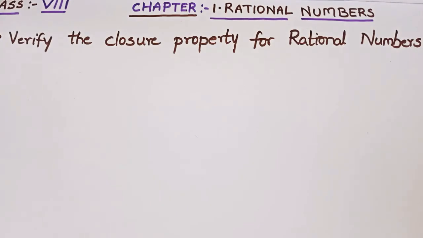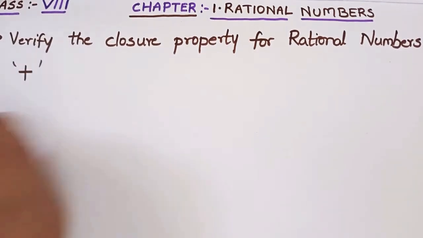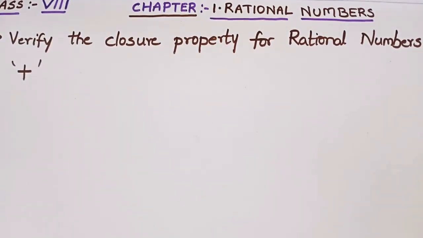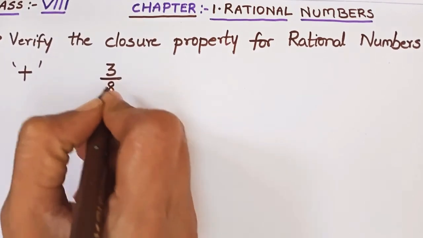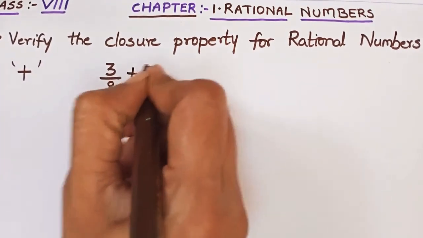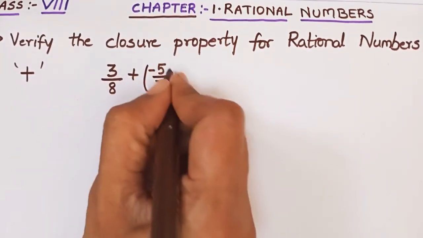Let us first start checking our property for addition. Are rational numbers closed under addition or not? So let us consider two rational numbers like 3 by 8 plus minus 5 by 7.